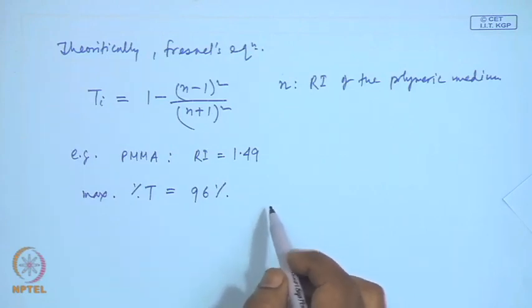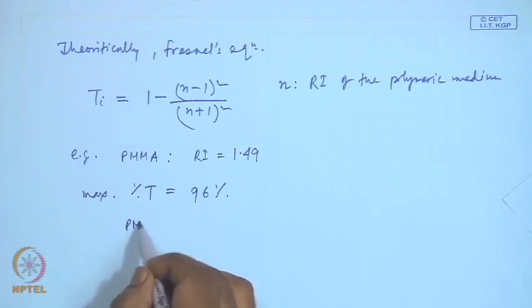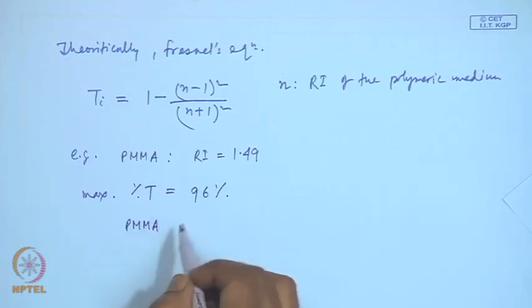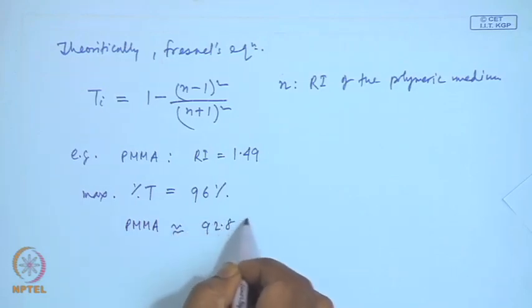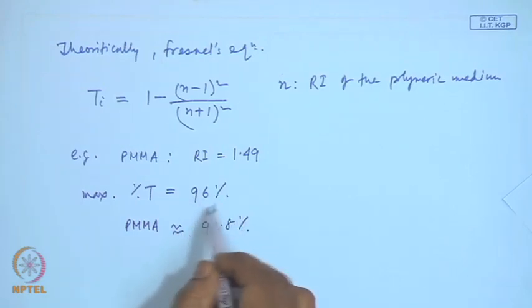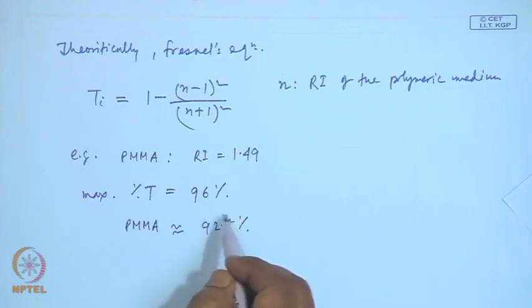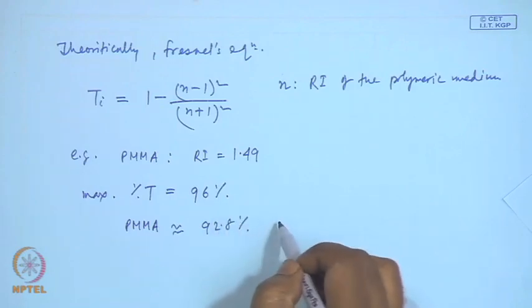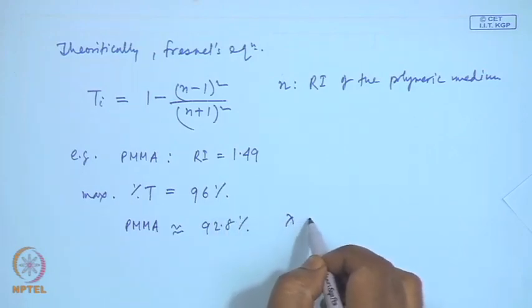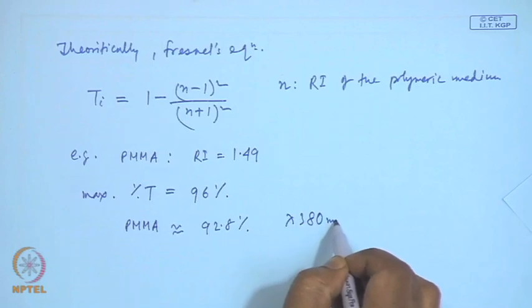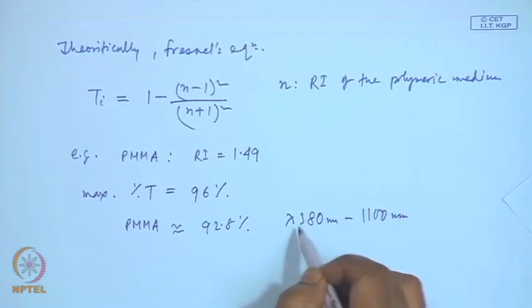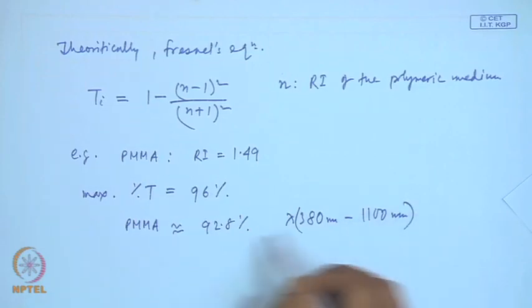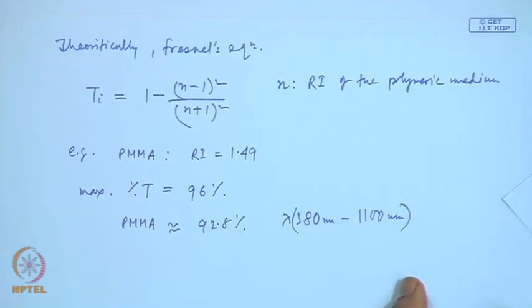So, maximum transparency for a PMMA in the real case is about 92.8%. So, that 3% transparency is lost due to the presence of scatterers, and this value is for lambda around 380 nanometer to 1100 nanometer. If lambda changes beyond that, this value might change.